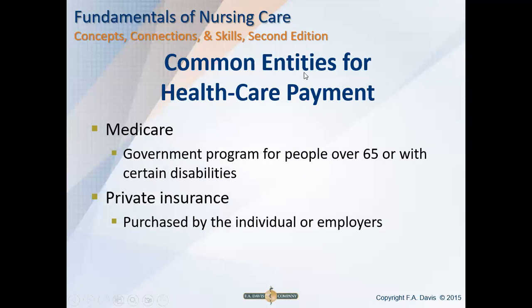So, community and entities for the healthcare payment system, right? How we pay the health insurance payment. One is Medicare, a government program for people over 65 or with certain disabilities or medical conditions and end-stage renal disease.